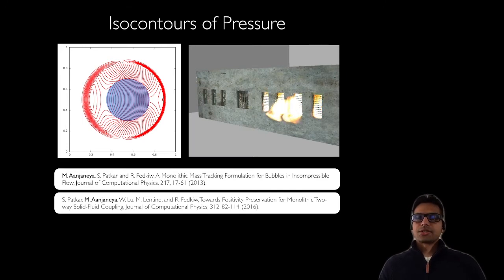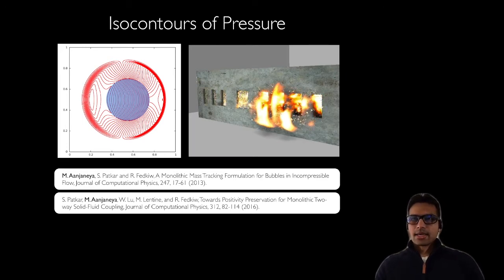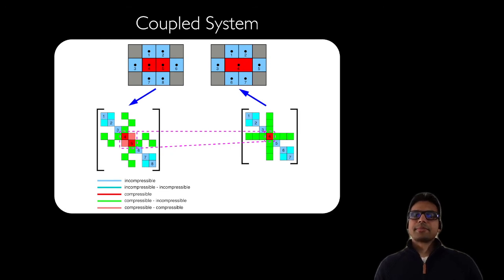So once I had solved this problem, I made some simplifications inside the bubble, basically because we do not really care about the shocks and the diffraction waves. So I assumed that both the density and the pressure inside each bubble is spatially constant.